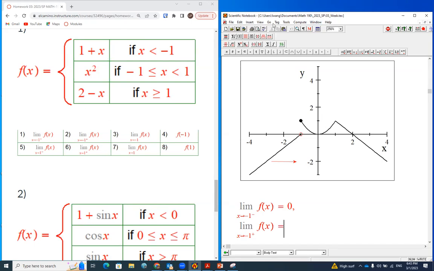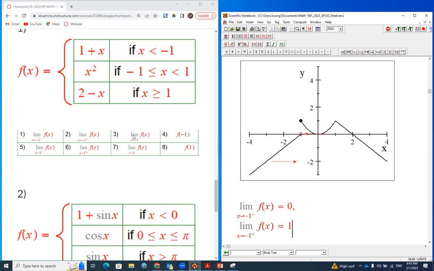When x approaching -1 from larger than -1, the limit is 1, because we know that we can use the direct substitution property. So that's equal to +1. And these two limits both exist and they're not the same.